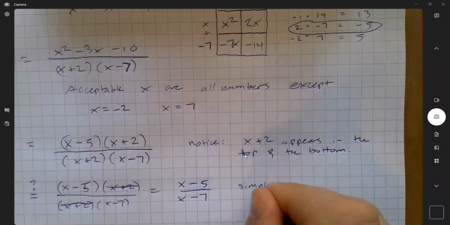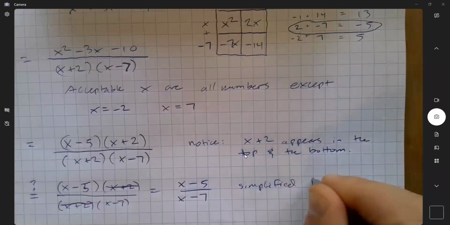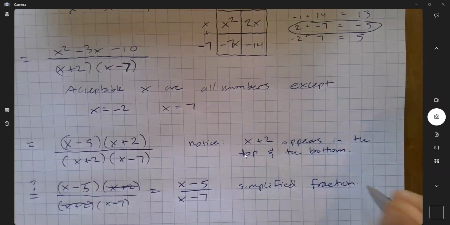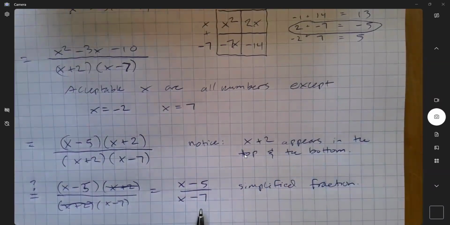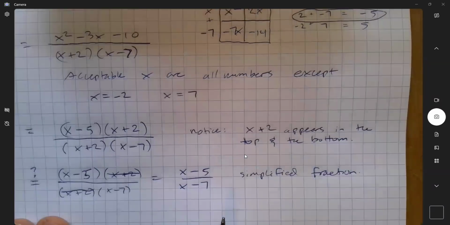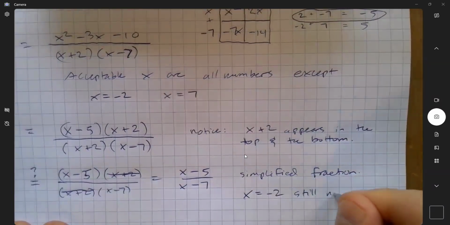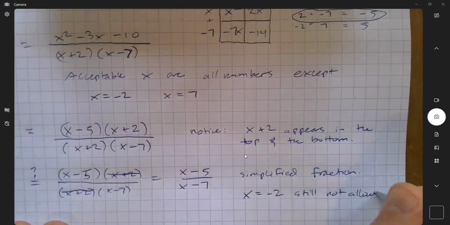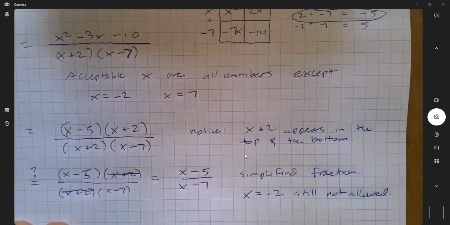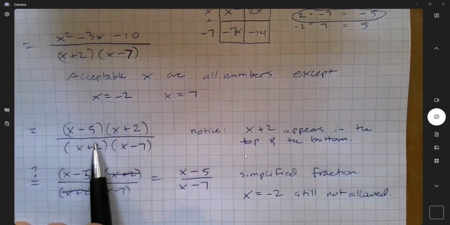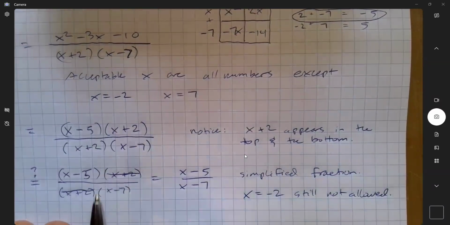This would be the simplified fraction, but it does not mean that x equals -2 is allowed. x equals -2 is still not allowed. Because the original expression has an x plus 2 in the top and the bottom, which means I would have 0 over 0, and 0 over 0 is still not allowed.